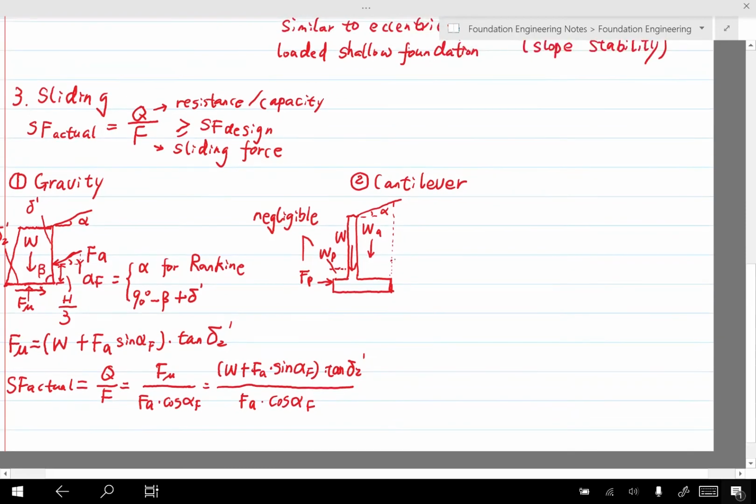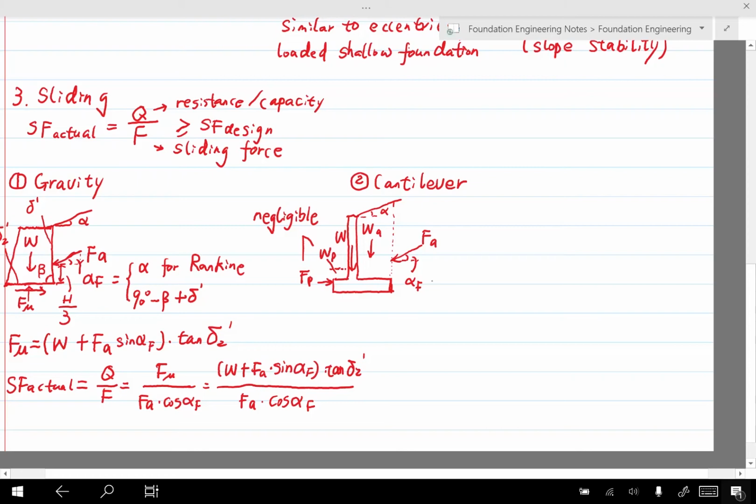So we will have active pressure, and this is a resultant of the active pressure. Then for the active pressure, we can get the magnitude of it using one of the earth pressure theories. For the direction, we also use alpha F.